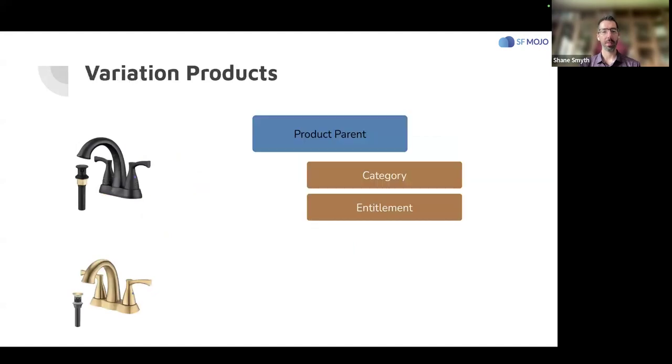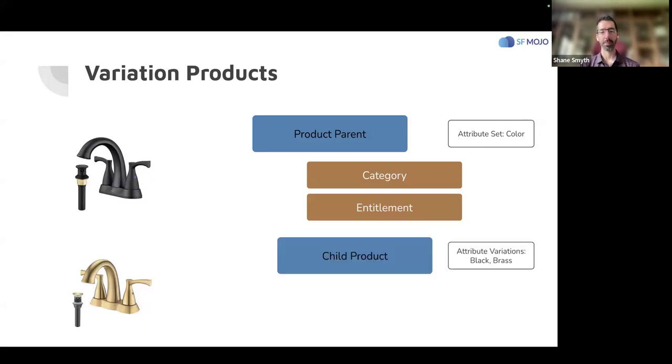Moving on to variation products, we've got our parent product. And you can see here that we've got the category entitlements over here, and we have something called an attribute set. An attribute set is the set of different fields that make up the selection. So in this case, for this faucet, we are only selecting the color. So we only have one value in this attribute set.